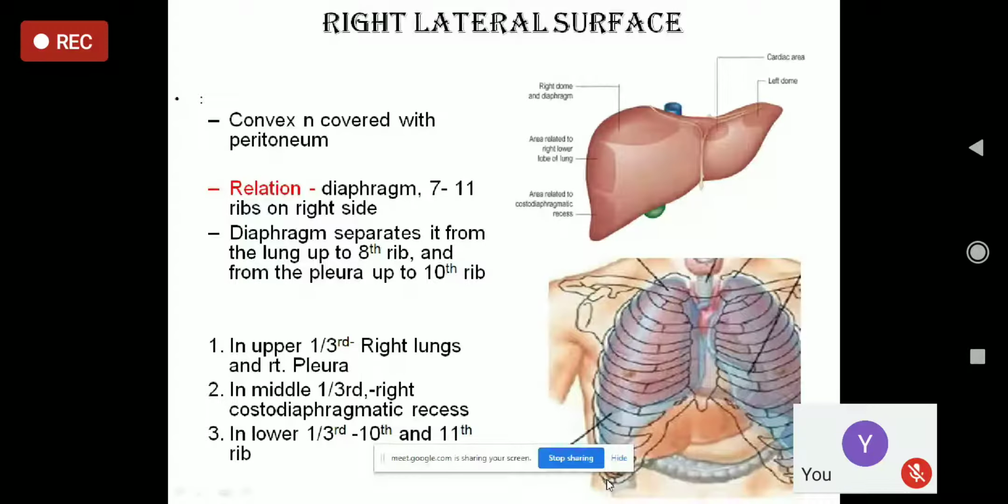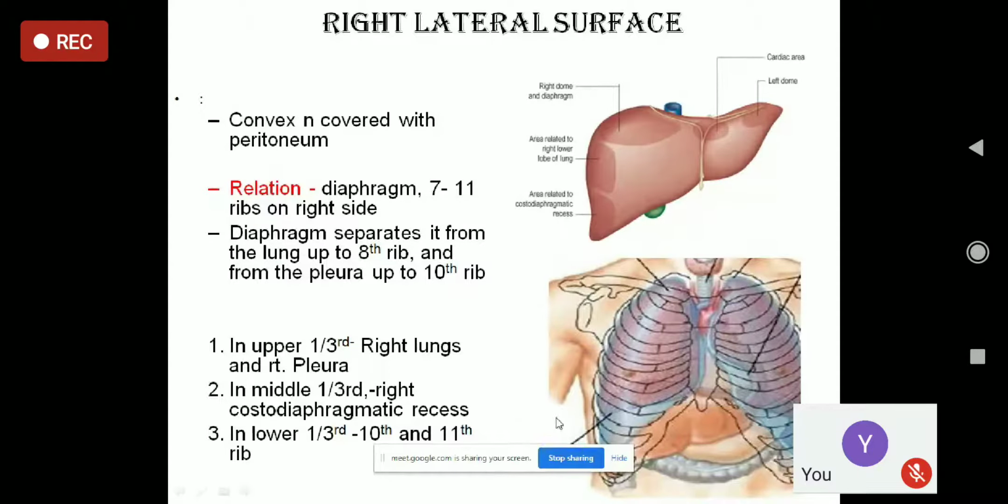This is very important while taking a liver biopsy. Please remember where you'll take the liver biopsy: below the 9th costal cartilage, so that you won't damage the lungs. Because in the upper one third you'll get right lung and pleura, then after that you'll get the costodiaphragmatic recess only, and in the lower part you'll get the 10th and 11th ribs.